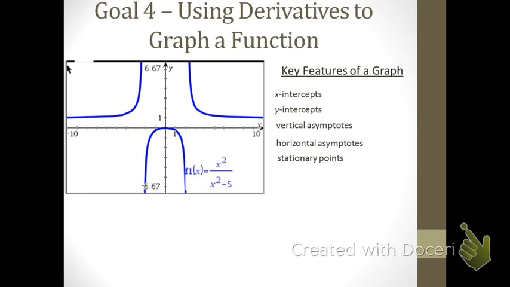Some other key features. You want to find out where the stationary points of a graph are. I would say right now that you want to find where the critical values are, but critical values include vertical asymptotes, and we've already included those, but we want to find any place where the first derivative would be equal to 0.